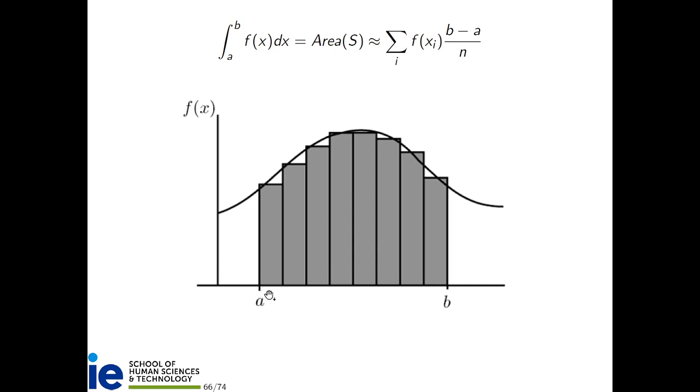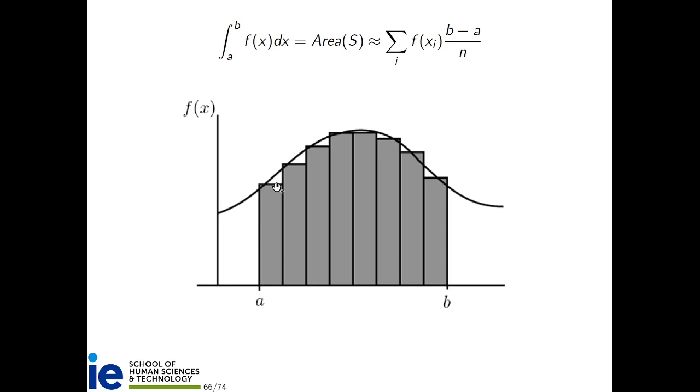The length of this side is (b minus a) divided by n, because they are all of the same length. And then the height of the rectangle is the value of the function at some point within the rectangle.